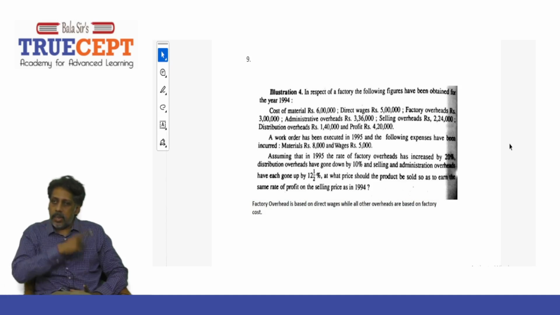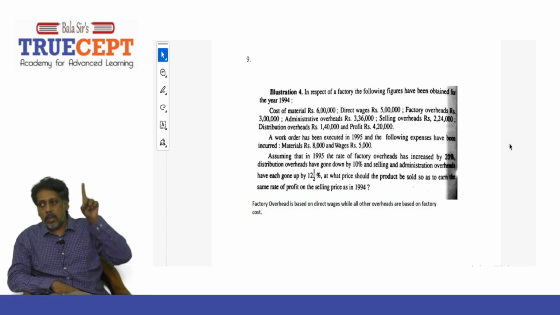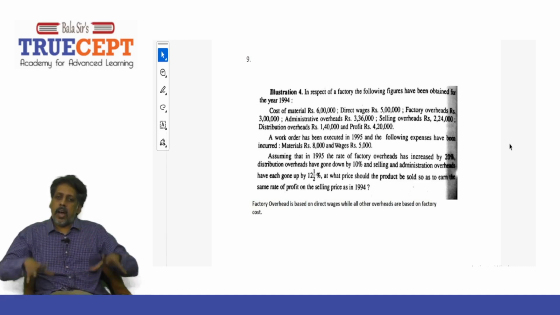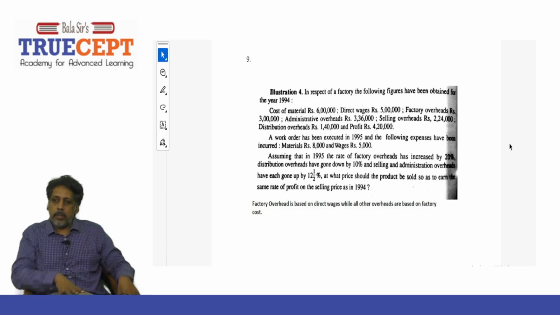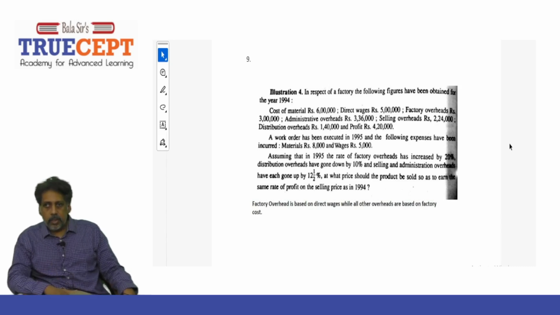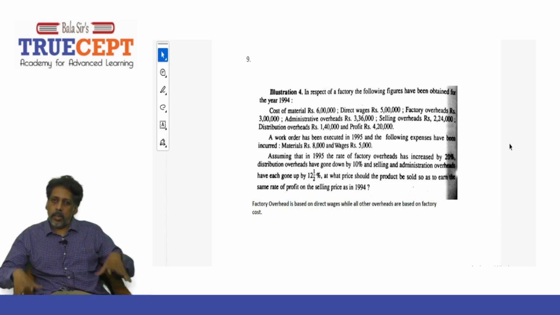What is the selling price to be fixed for this particular job in the year 1995, in case your company wants to make the same rate of profit, not the same amount, on sales as earned in the year 1994. These are the kind of sums asked in the examination. Don't expect a simple cost sheet.